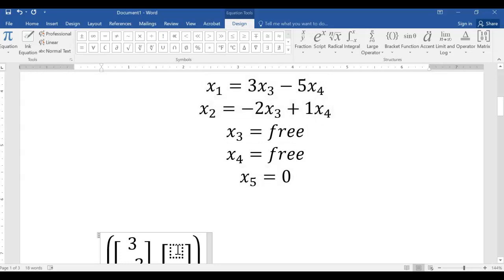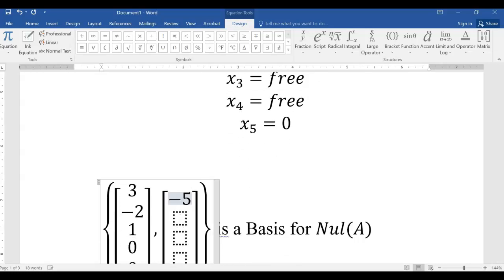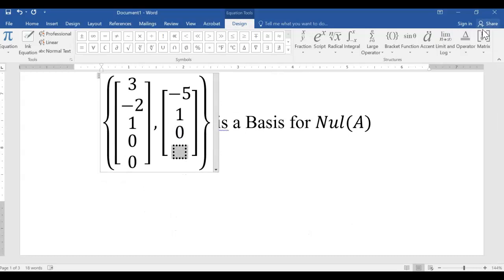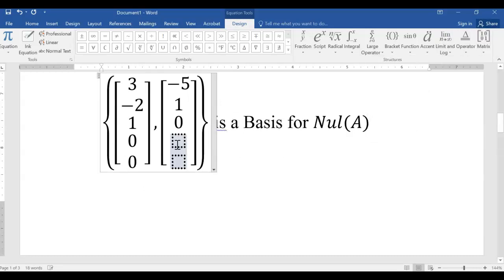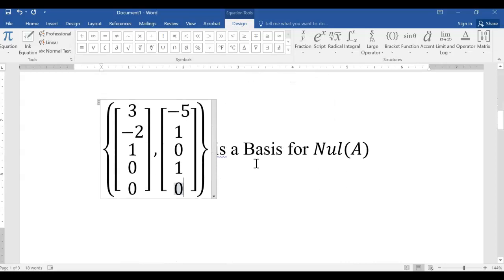Again, that'll give me negative 5, 1, 0 in the third spot. In the fourth spot, I'd have a 1. And in the last spot, I'd have a 0. So each of my free variables gave me a single vector.